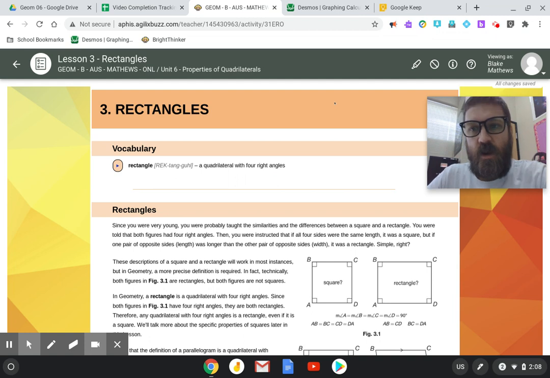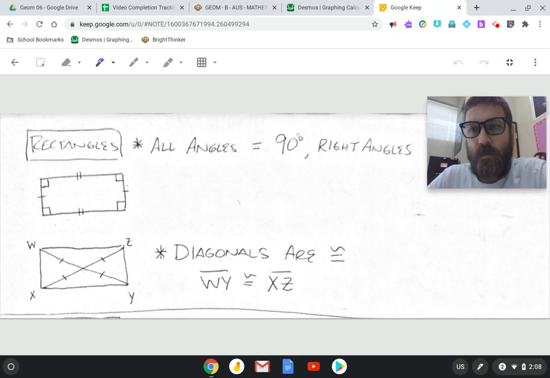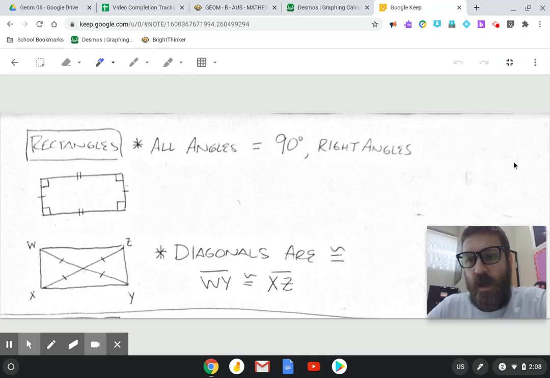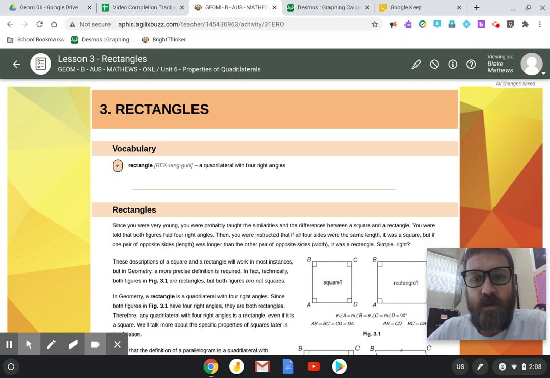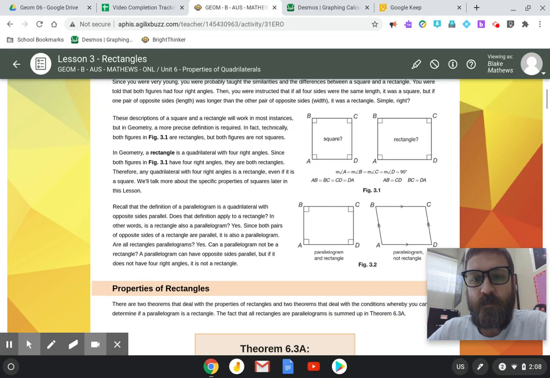But first thing you need to know about rectangles is they are a type of parallelogram. Hop over to my notes here. So rectangles, they are a type of parallelogram. Definitely need to know that. What makes them unique? They have some unique characteristics that most parallelograms do not have.